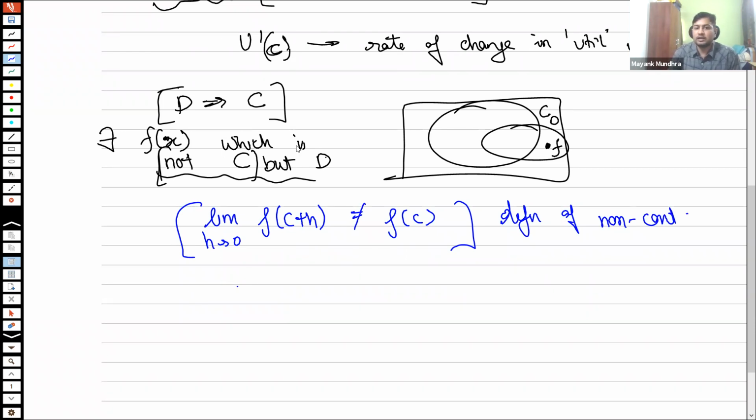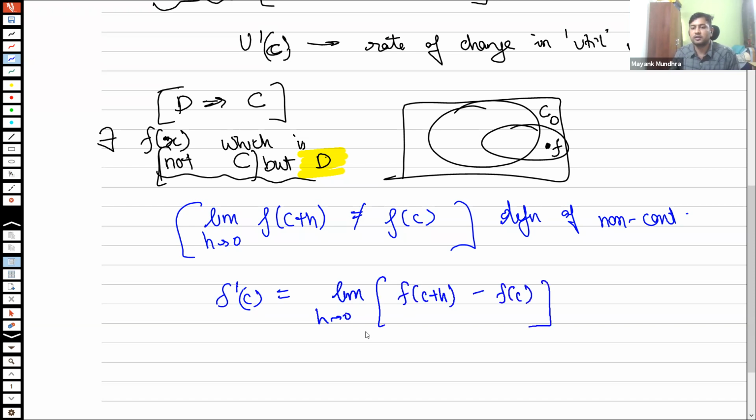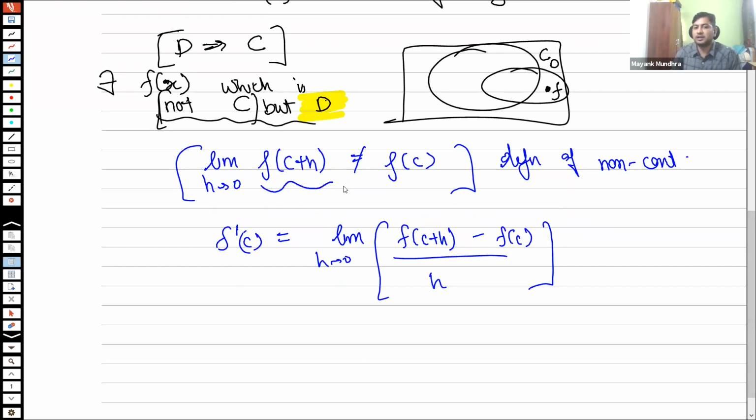Now let us look at the differentiable part. Since it is differentiable, f prime at c must be equal to the limit as h tends to 0 of f of c plus h minus f of c upon h. Since these two entities are different, let me call this value k.